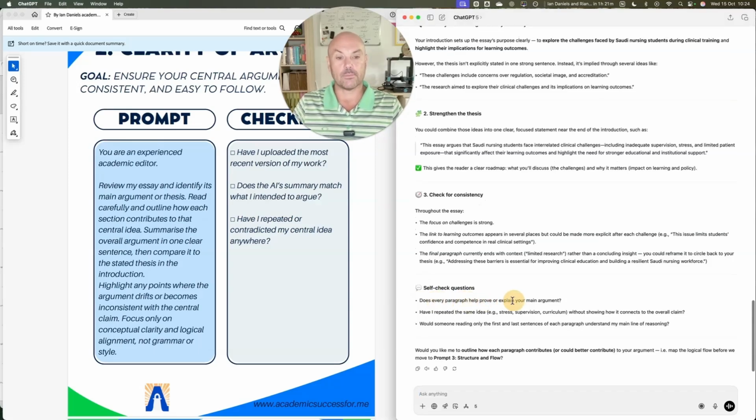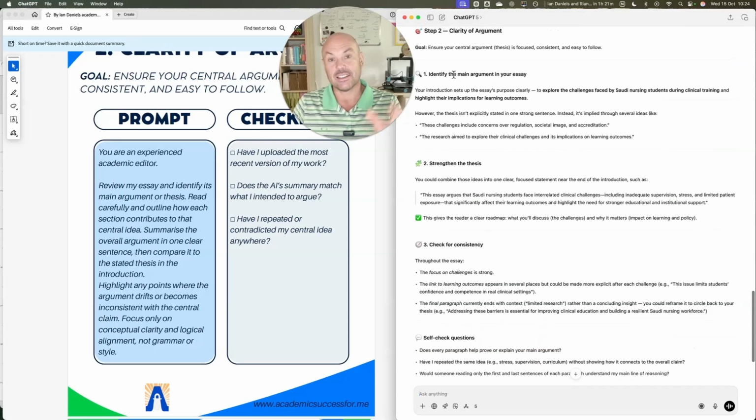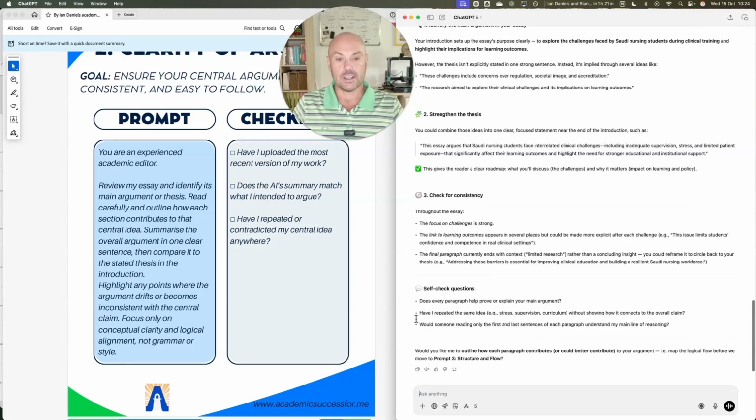Does every paragraph help prove or explain your main argument? Is it clear? Is it linking back to my main argument? Have I repeated the same idea without showing how it connects to the overall claim? Okay, we must tie in each statement that we're making, tie it into the main idea. And would someone reading only the first and last sentences of each paragraph understand the main line of my reasoning?